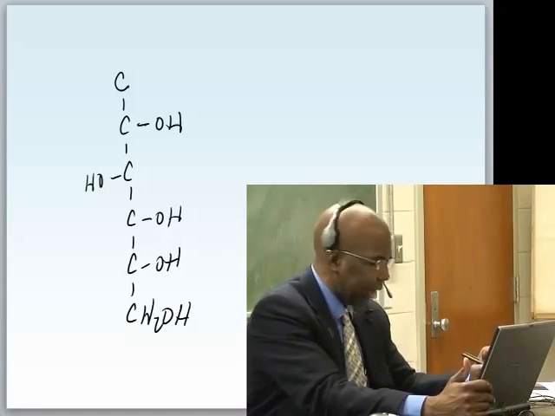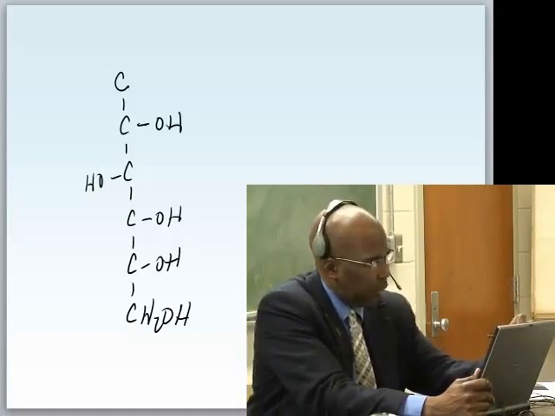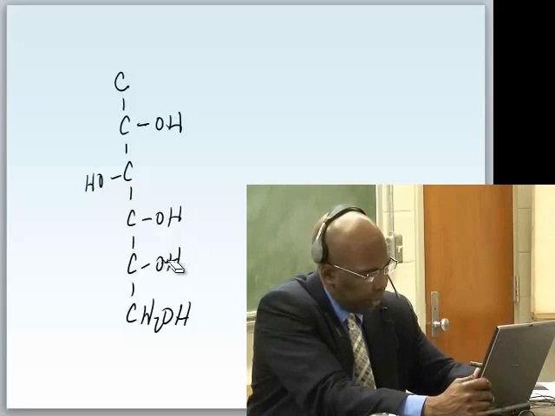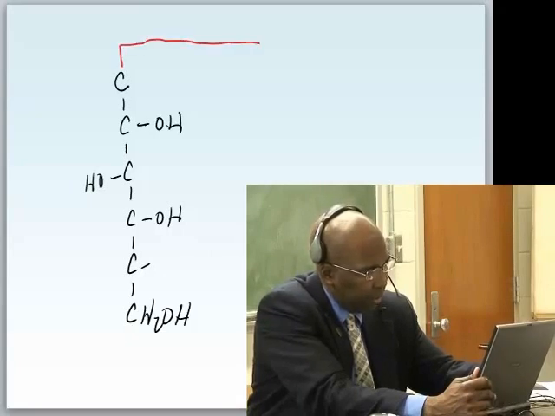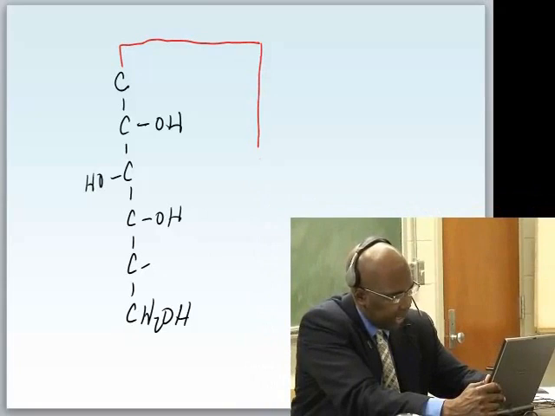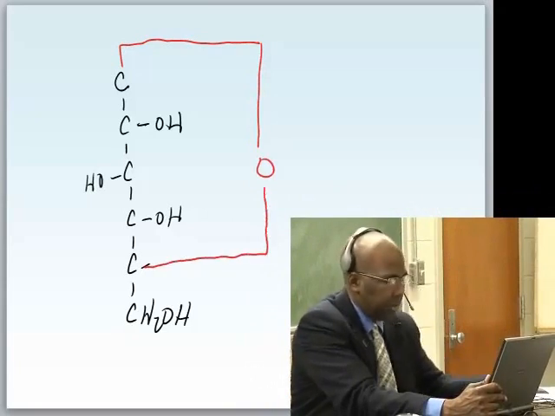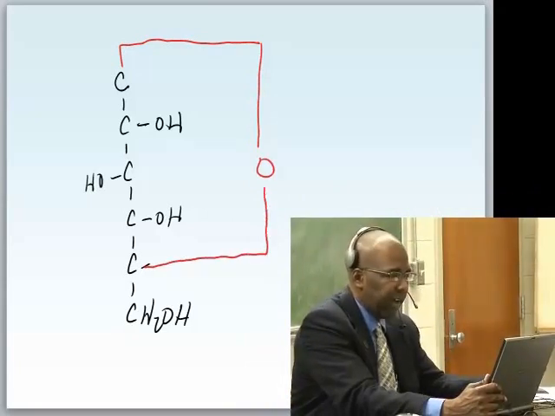But what we want to do is actually make a bond here, so the bond is going to be here. Carbon 1 is going to connect with carbon 5 here. 1 and 5 go together via that oxygen.